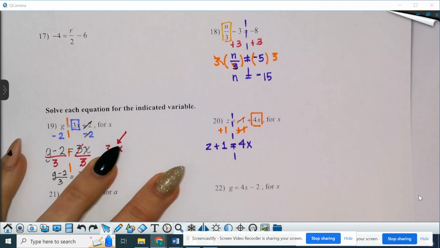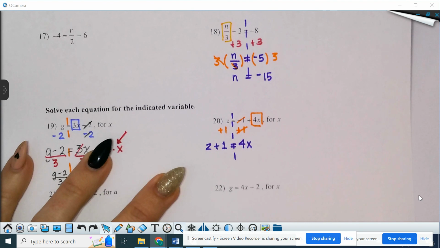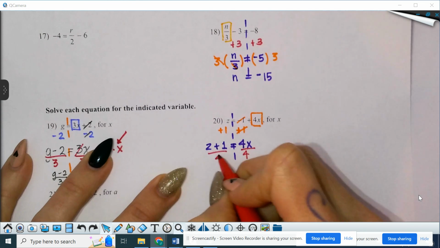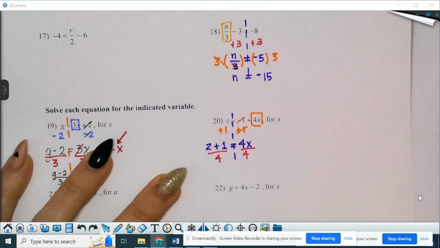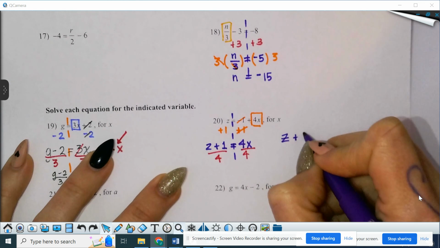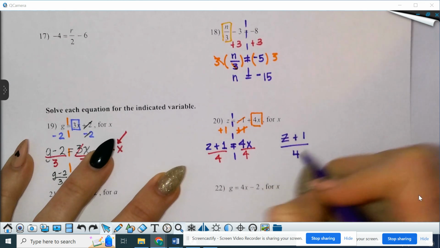Be careful. Yes, good. Divide by 4. I was trying to be quiet long enough to see how many people could chime in. Good. So z plus 1 divided by 4 is x.